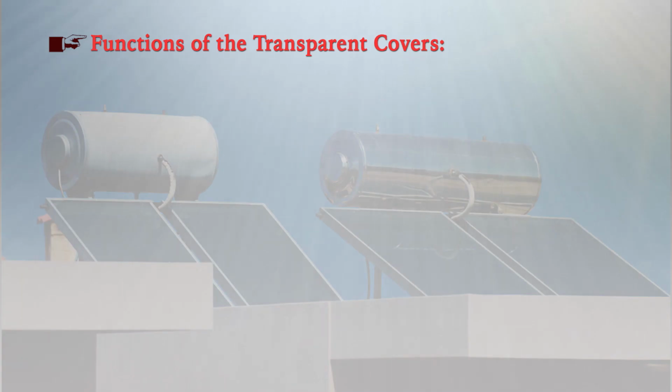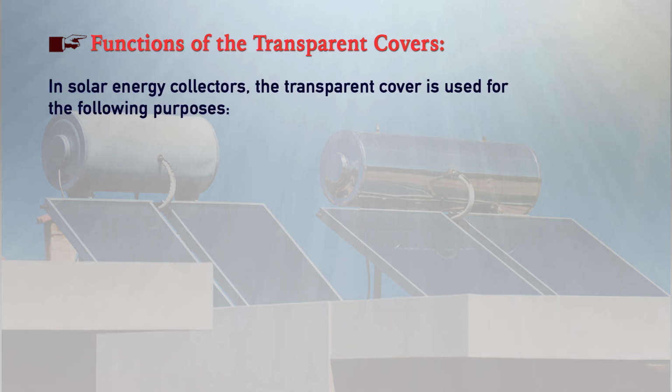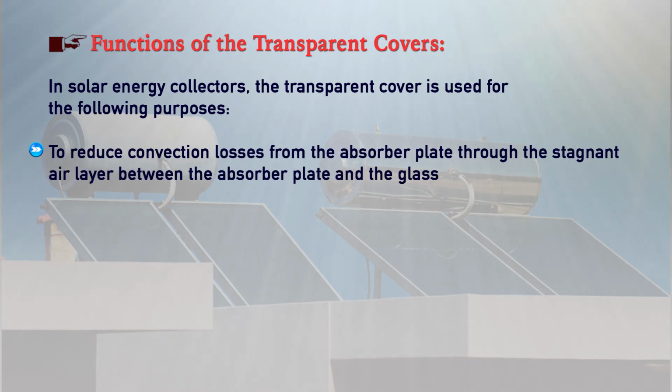Now we will discuss the function of the transparent cover. In solar energy collector, the transparent cover is used for the following purposes. First one is to reduce convection losses from the absorber plate through the stagnant air layer between the absorber plate and the glass.